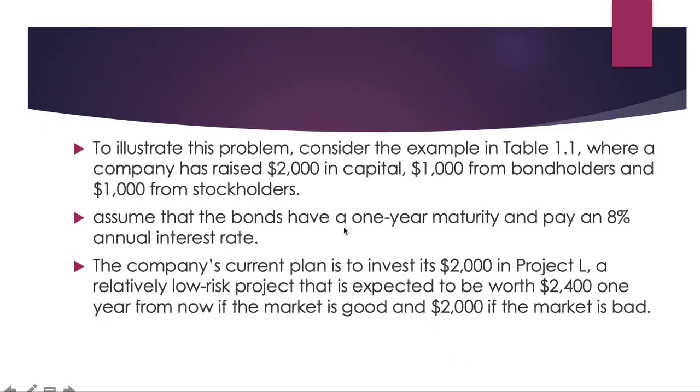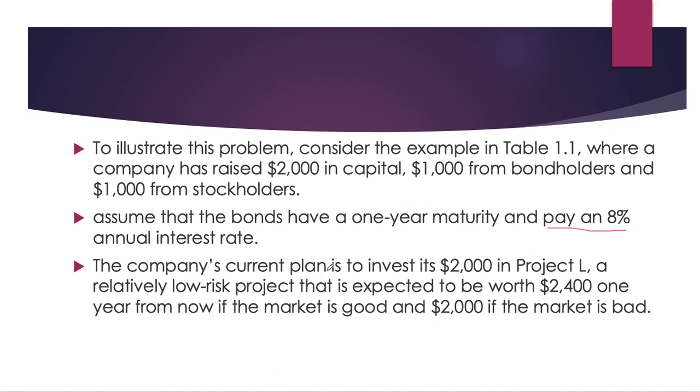So this is explained also here. And as you see, the company has raised this $2,000 in capital, $1,000 from the bondholders, and $1,000 from the stockholders. And we assume that the interest rate is 8% for the bond.